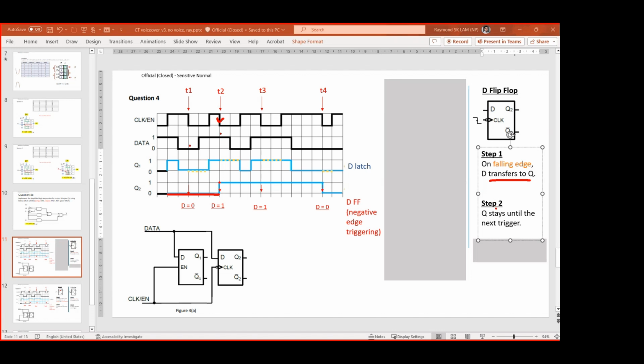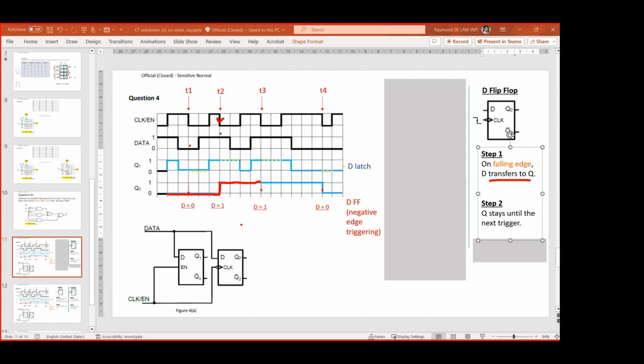Then immediately after that is step 2 already because the trigger is already over, right? So after the falling edge, Q stays until the next trigger. So what is the value for Q at this point? Is it high or low? High. So it will stay high until when? Until T3. And then this one low and high as usual, you just join it, okay?